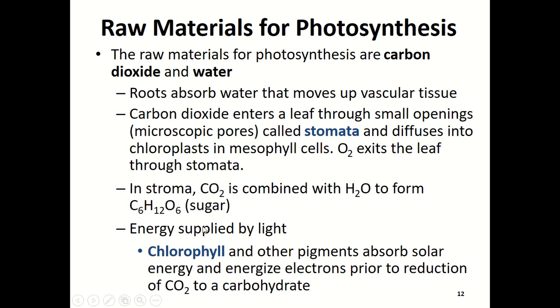Energy is supplied by light, in which chlorophyll and other pigments absorb solar energy and use that energy to energize the electrons prior to the reduction of carbon dioxide to a carbohydrate. Meaning, they use the sunlight energy to energize the electrons before the second step of the photosynthesis process.